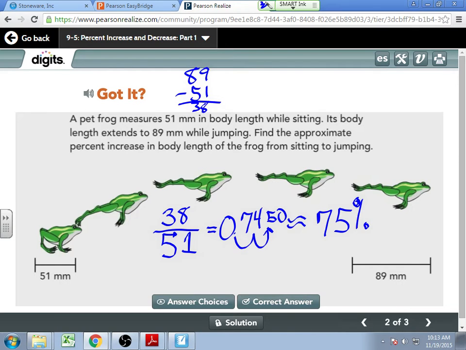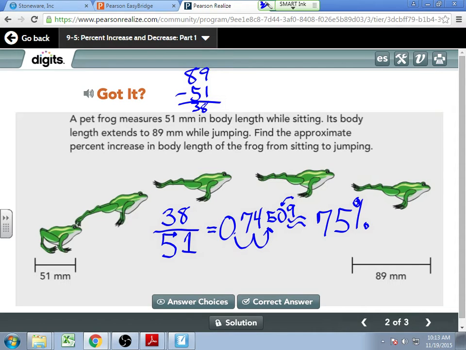Because this is 0.7450980, when we look at that 9, the 9 rounds the 0 up to a 1. So it is closer to that next value, which is why we round it up to 75. And homework, how is it going to ask us to round? A lot of them ask for the nearest whole percent or the nearest tenth of a percent.